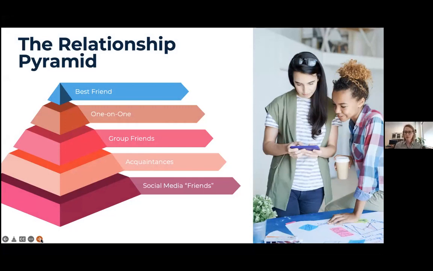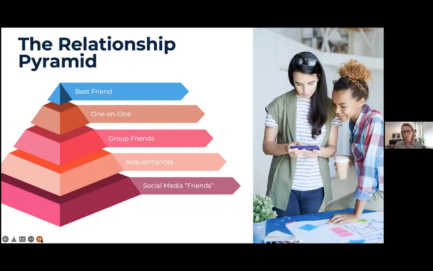So if you think about your own life and people that you know in different forms, it probably looks something like this, where at the base of your pyramid, you have a larger number of people that today you might call your social media friends. I used to call this my Christmas card list, but folks that I don't interact with regularly, but I have some very infrequent type of communication or connection with, but certainly not regular or deep.